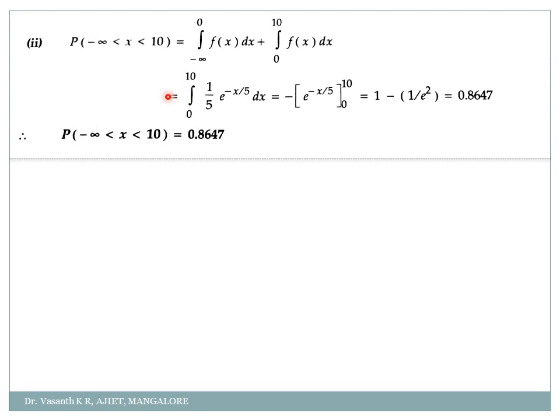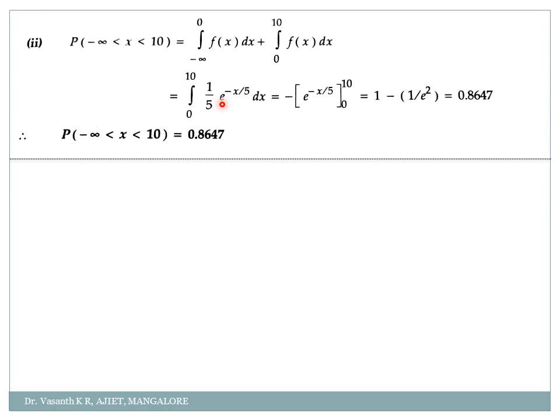So just observe my second case, my dear students. It was asked x is between minus infinity to 10. So from minus infinity to 0 we have to define first, and then from 0 to 10. Correct? So from minus infinity to 0 the value is 0, so I have just neglected that, plus the integration from 0 to 10 of 1 by 5 e power minus x by 5 into dx. f of x I have substituted.